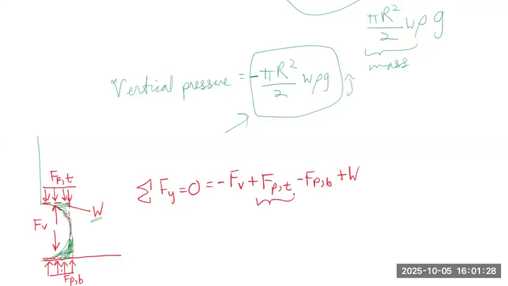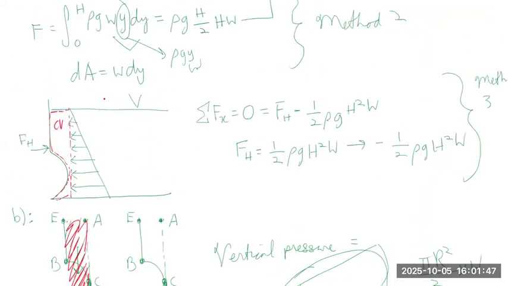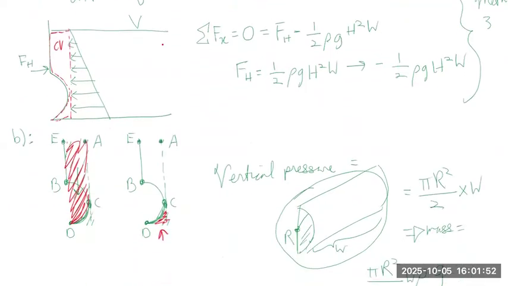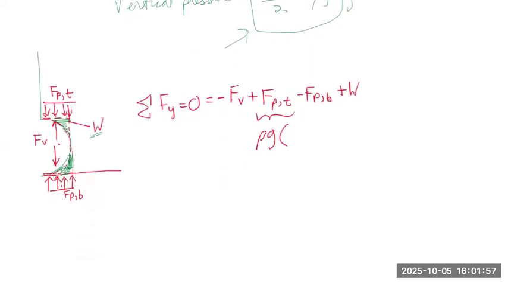So the force from the pressure at the top of the control volume can be represented as rho times g times H, which is the whole height of the wall, minus 2R, which is this distance over here.